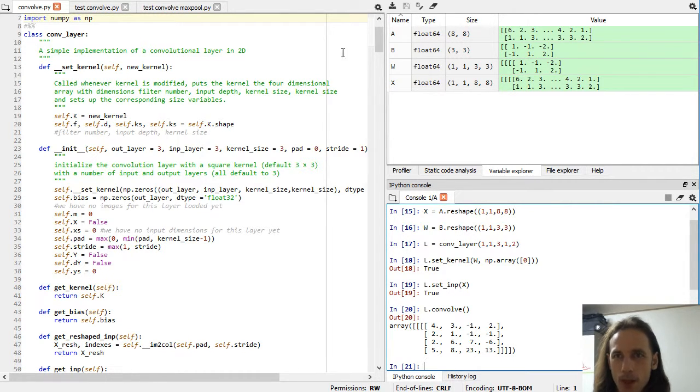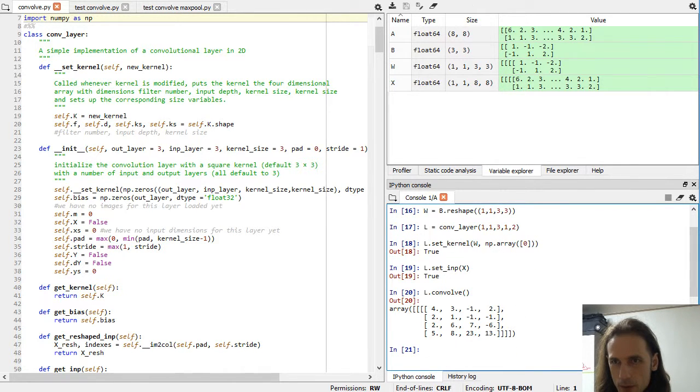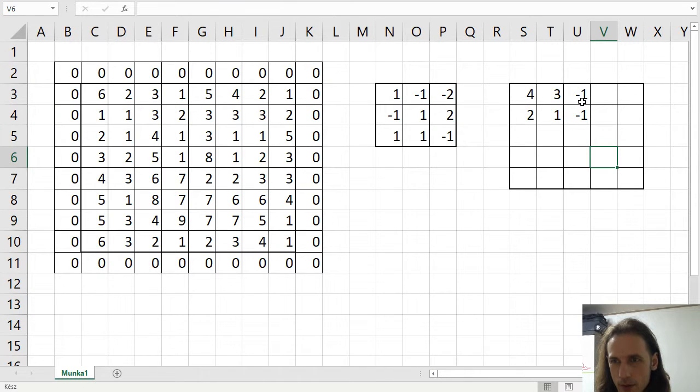That's what we can compare. It's 4 3 -1 2 and 2 1 -1. Yeah, 4 3 -1 2 1 -1. We were very good at that.